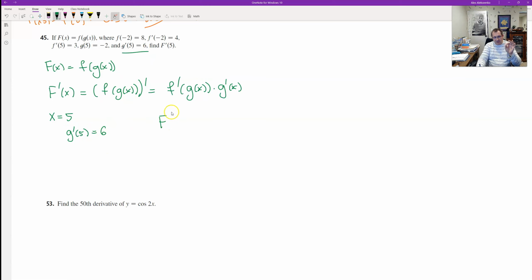Okay, let me just go ahead and start the substitution. So F prime evaluated at 5, according to my formula, would be f prime evaluated at g of 5 times g prime of 5. Well, g prime at 5 is equal to 6. G of 5, on the other hand, is -2 according to this piece of information.